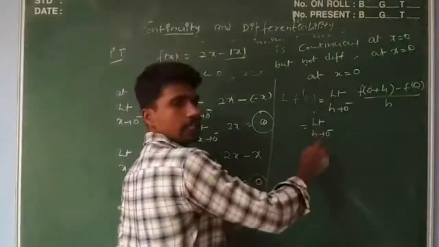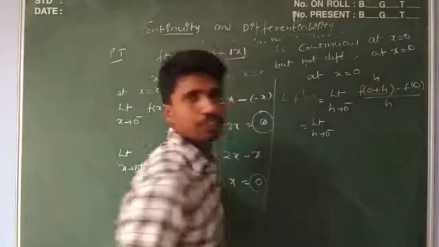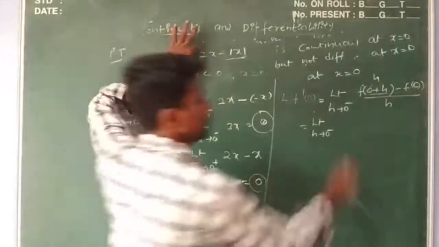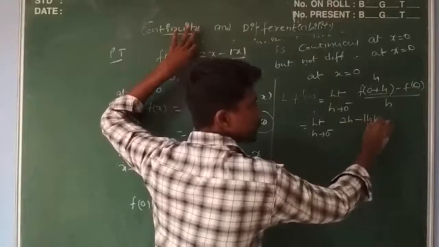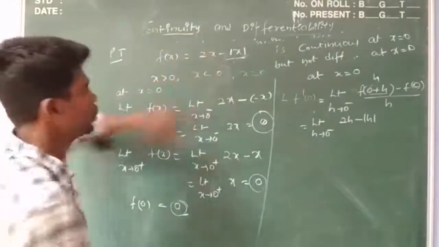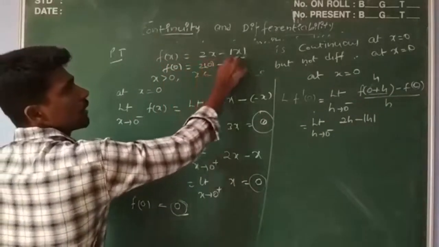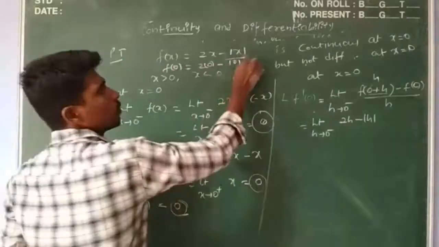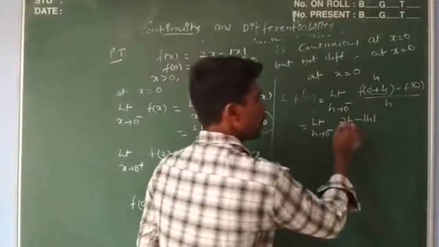The limit as h tends to 0 minus of f of 0 plus h is nothing but f of h. So what is f of h? 2 into h minus modulus of h. What is f of 0? f of 0 is nothing but 0. Substituting, 2 into 0 minus modulus of 0 is equal to 0. So we have f of h minus 0, by h.